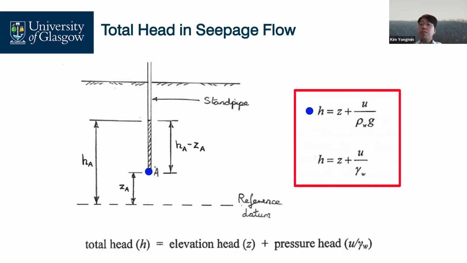What is the pressure head, which is the pore water pressure? Gamma W times water depth. Gamma W is 9.81. Water depth, how do you get it? Just simply install your standpipe, your straw, and then check the water height, which is the HP. Now it's expressed by the total head minus the elevation head.